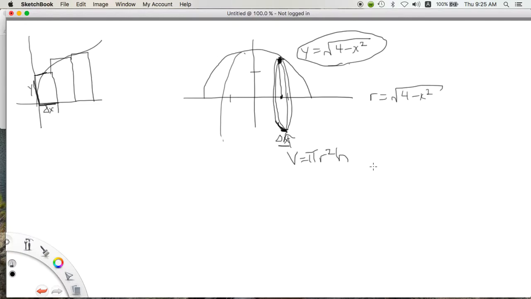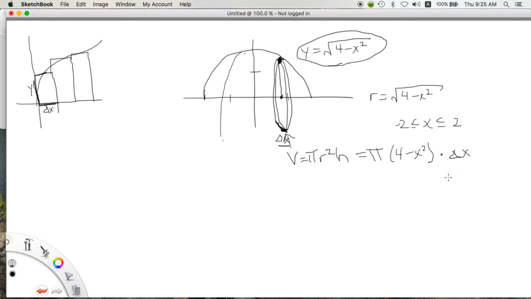So if we put these in, we have the volume is pi times 4 minus x squared times our delta x. And we know that x has to be between -2 and 2. We can see that on the domain of our function, and that's restricted because of the square root here.